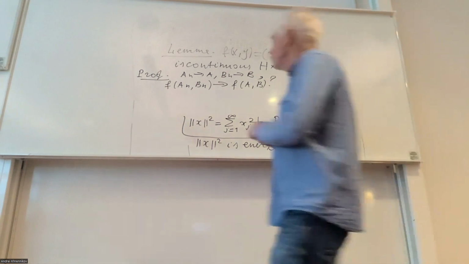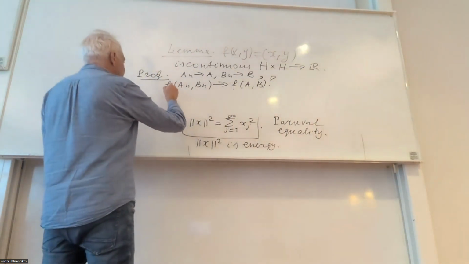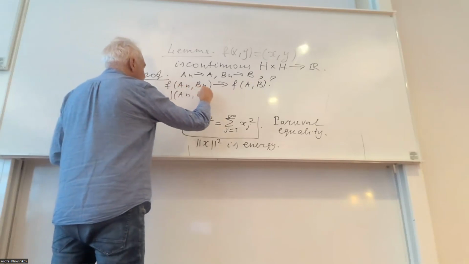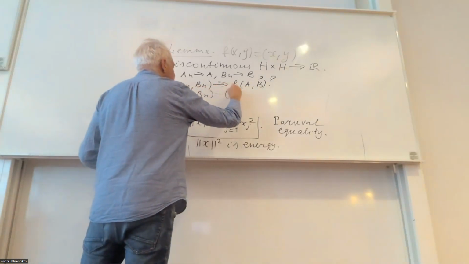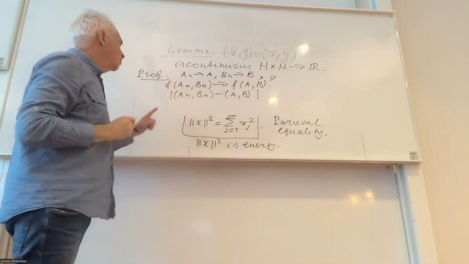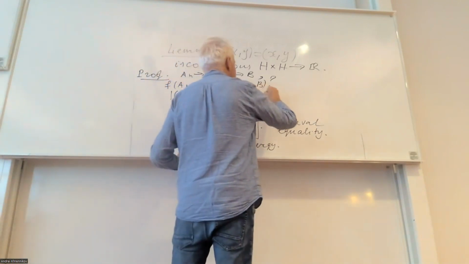Okay, so how to do this? We write the scalar product of an, bn minus the scalar product of a, b.